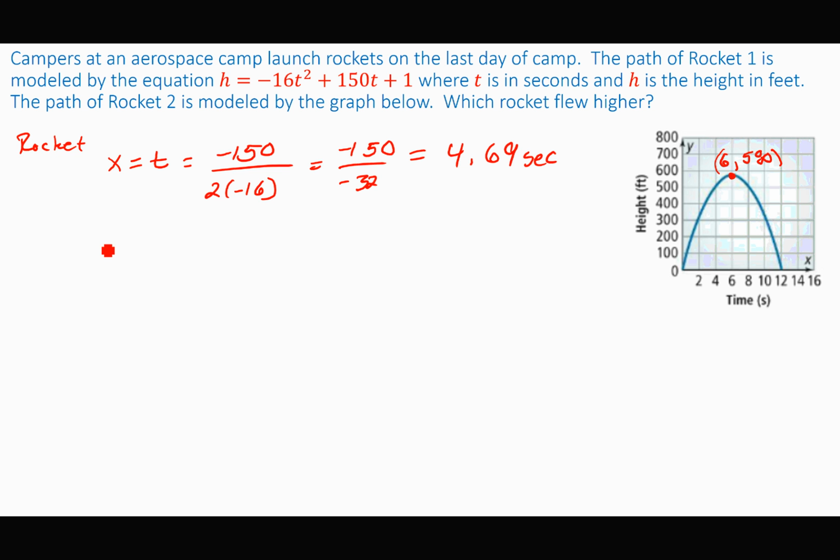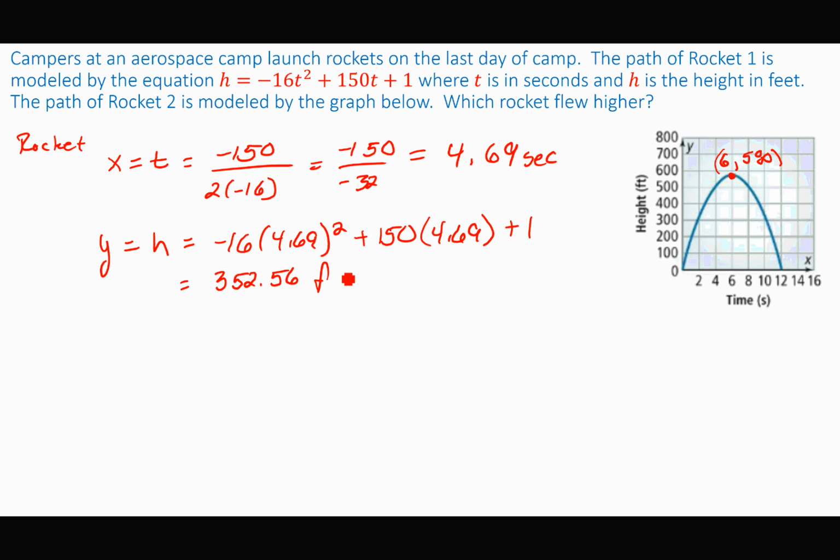So my height, my y value, is represented by h in this function. I'm going to have negative 16 times 4.69 squared plus 150 times 4.69 plus 1. When I work that out, I end up with 352.56 feet.